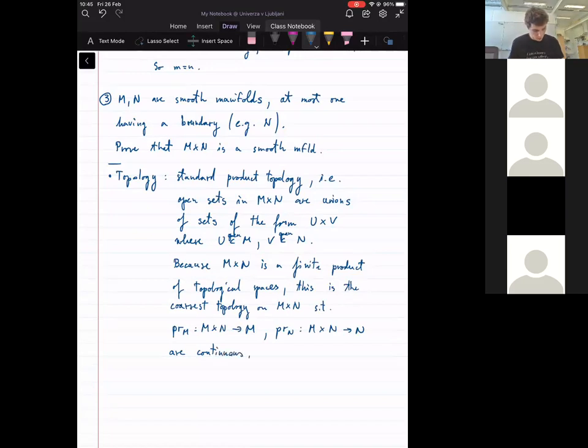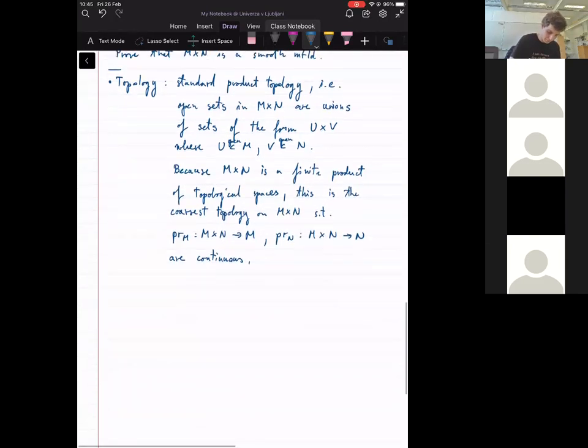And of course the projection maps that I've declared above have the obvious prescription. I'm not going to write it down. Is this prescription not obvious to anyone? Okay, I'll take that as no, everybody gets it.